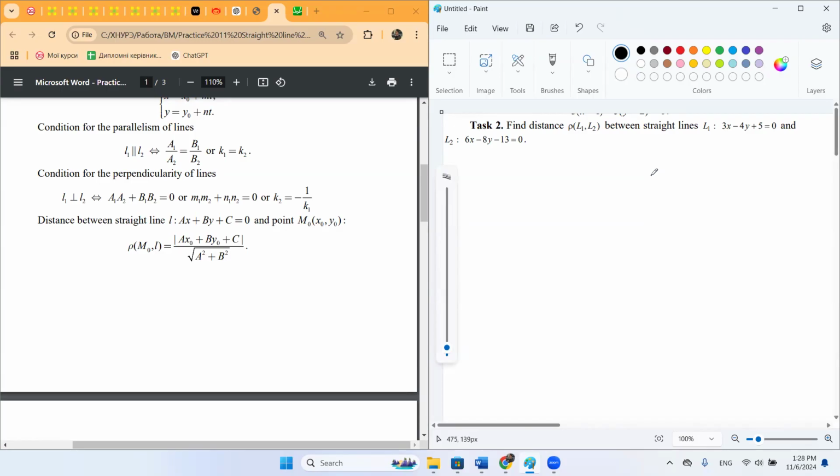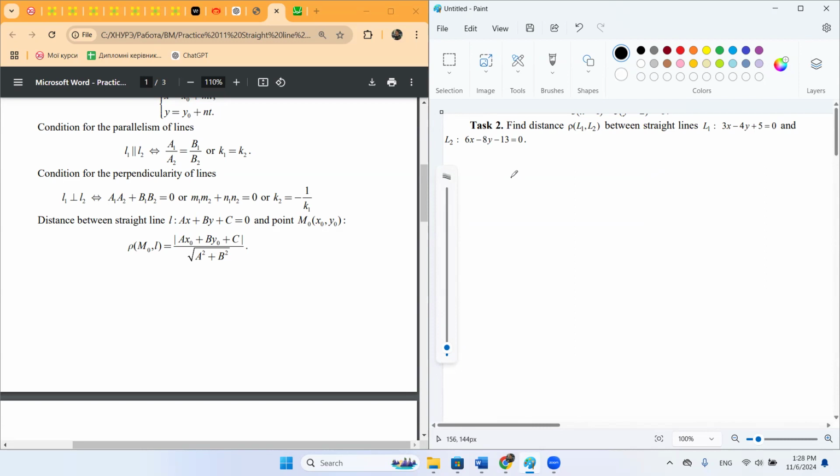So basically, there are two ways of line arrangement on a plane: either they are parallel or they intersect. Or also it can be the same line, so they can match.